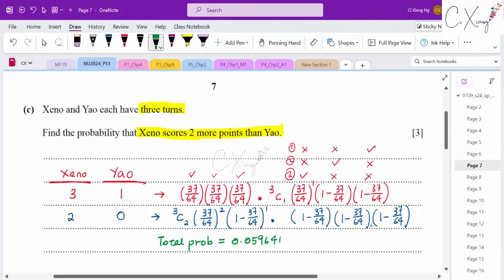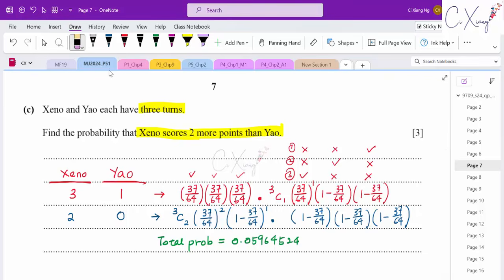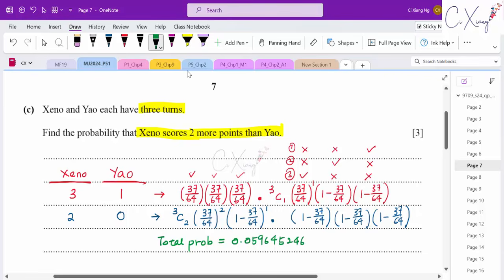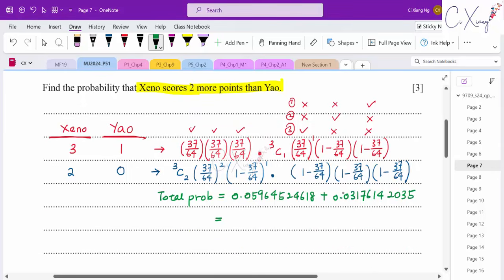Of course, you don't need to write it out in the exam, because it won't give you any extra mark. But I just want to write it out so that you can double check if you're not able to get the answer. It's a super long value. After that, I total them together and simplify it to 3 significant figures. So by right, you should have 0.0914.